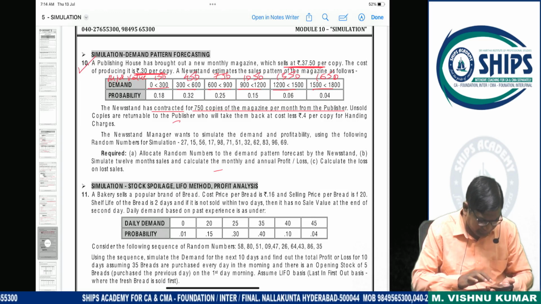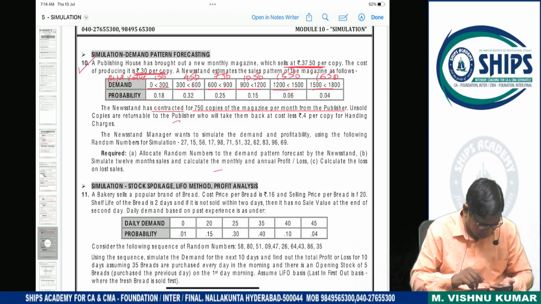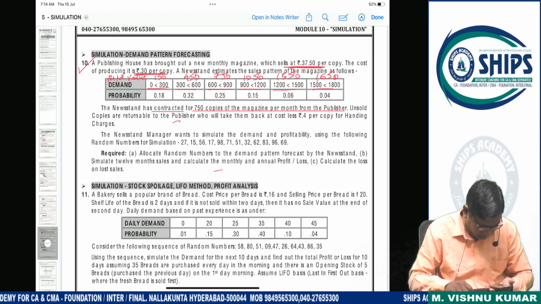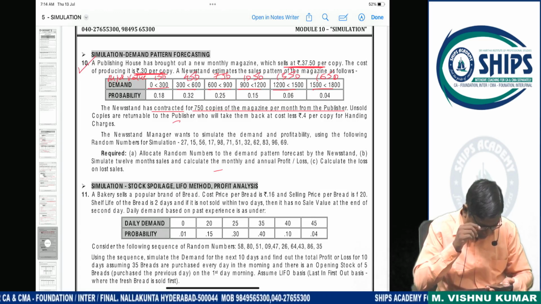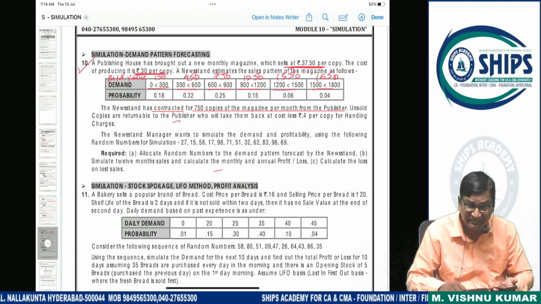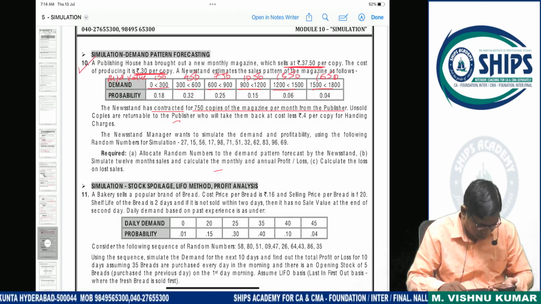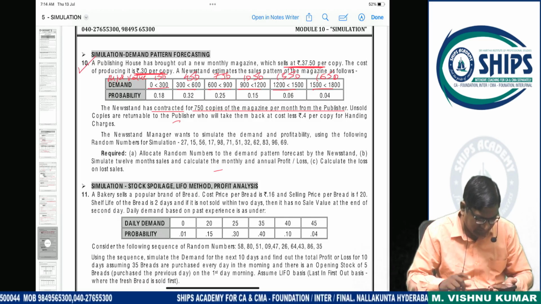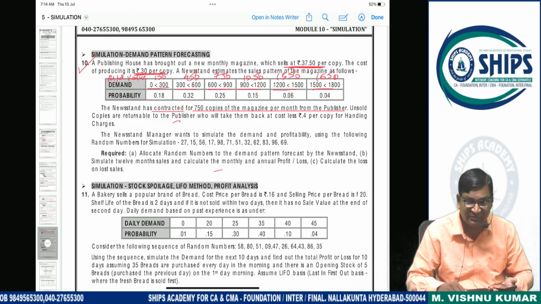So in this question, mid values are required. Net profit how much? 31,000. Okay, after deducting loss on sales units.